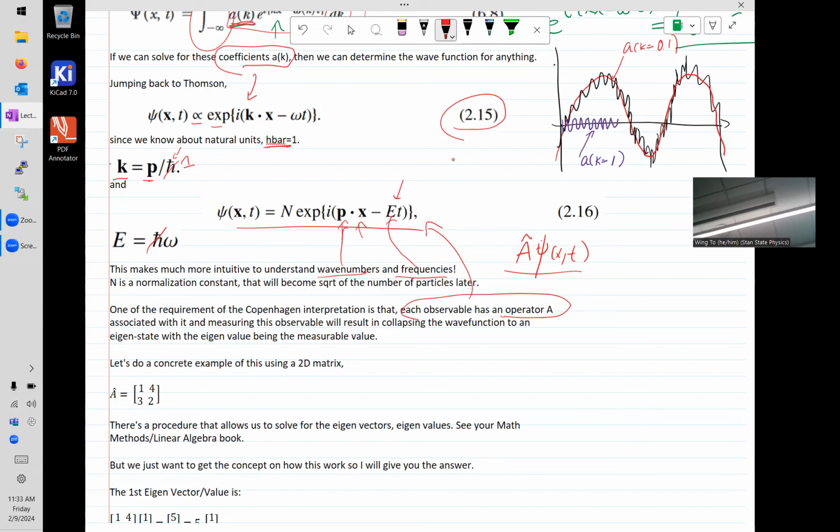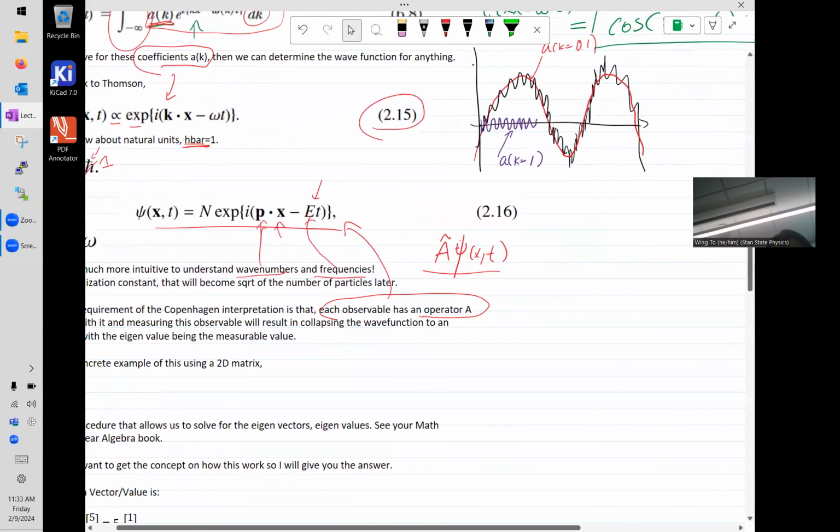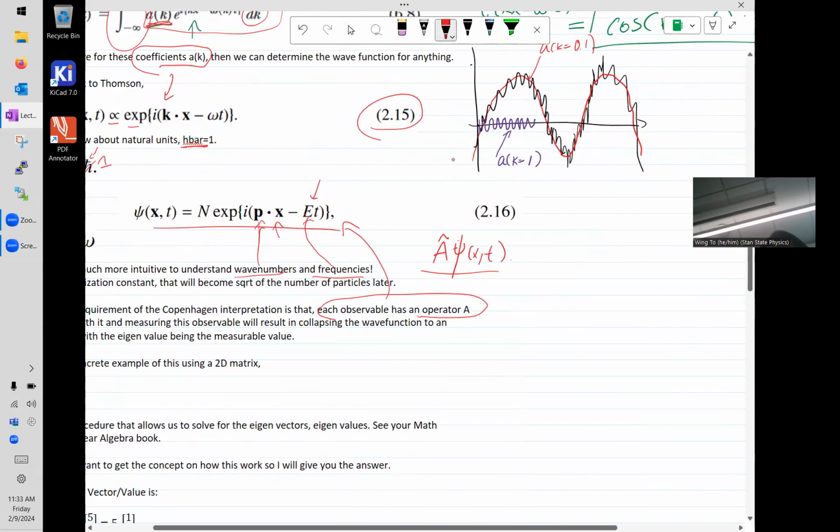A could be position, momentum, or energy, whatever you want to measure. When you make this measurement, it collapses the wave function to whatever that measurement A is. If this is the energy, A will tell you the energy of that wave function, and psi is going to collapse to an eigenvector with that particular eigenvalue.